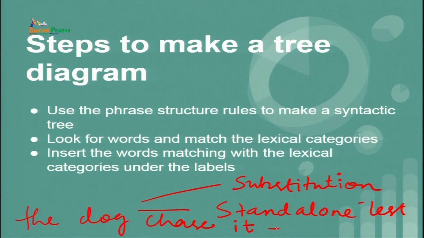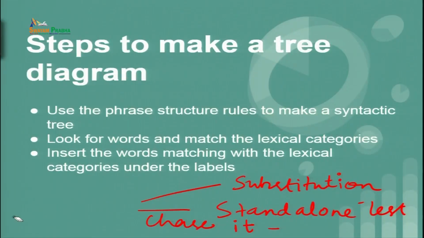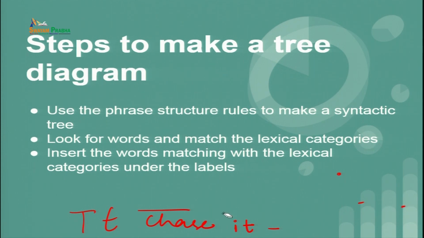Similarly, you can also replace the subject with the pronoun. Let's try. You can write, it chased it. This is one form of doing a substitution test. The other form of doing a constituency test is to look at sentences through the lens of the stand-alone test. So, what happens in the stand-alone test?